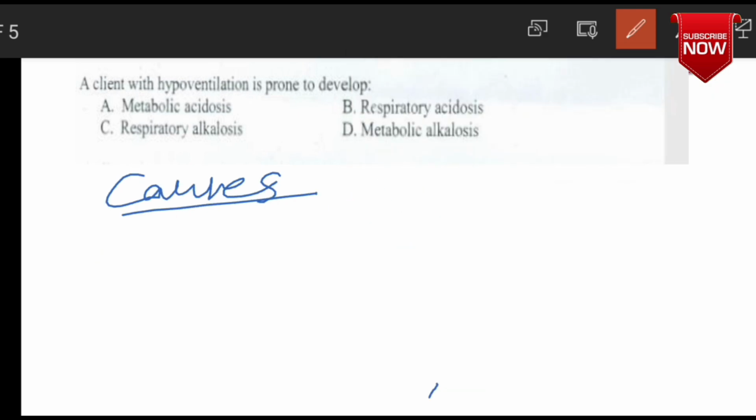Causes of respiratory acidosis. The first one is asthma.